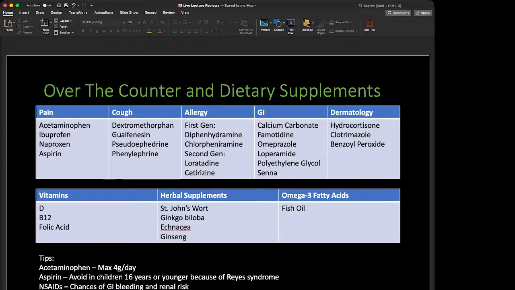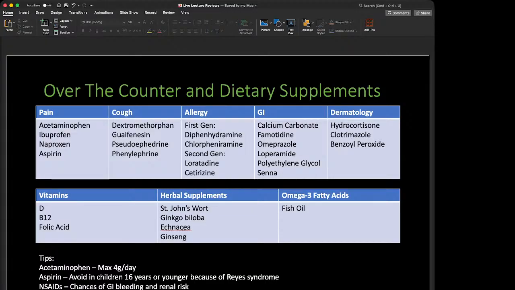Do not exceed 4 grams because it might lead to liver damage. So always let patients know that if they're on other medications such as Percocet or Norco, to be careful before taking additional Tylenol because of that 4 gram limit.